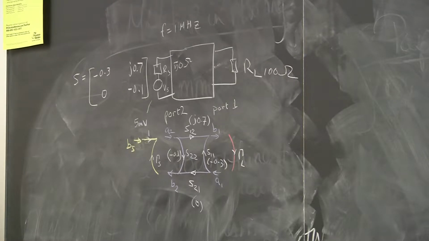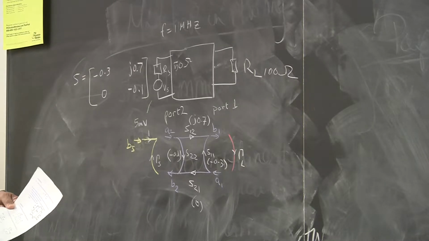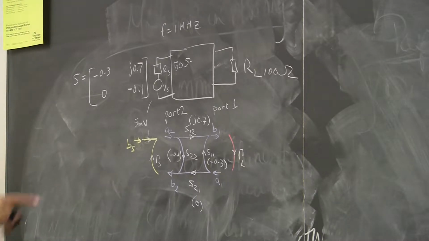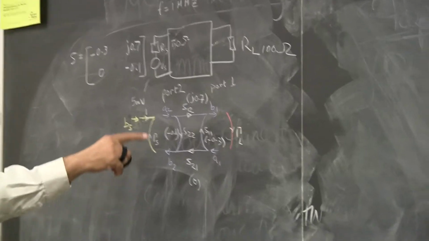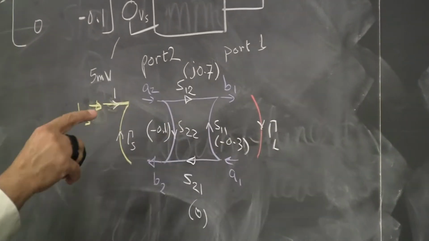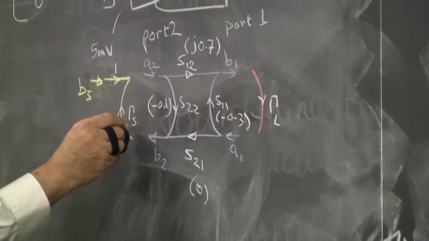We'll choose our reference. The problem did not state any reference for us. No, it did. Okay, these are 50 ohm S parameters. So this has to be done with respect to 50. So this one obviously is 0.